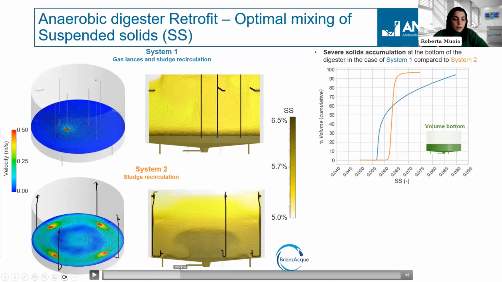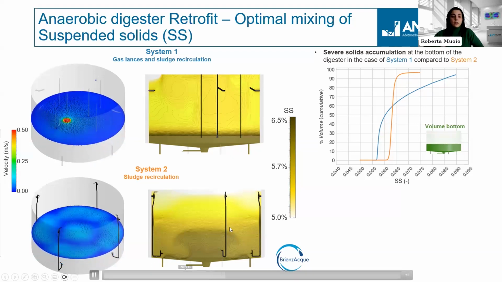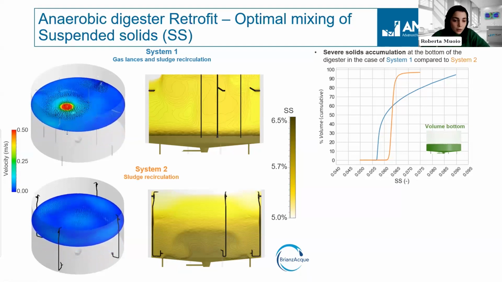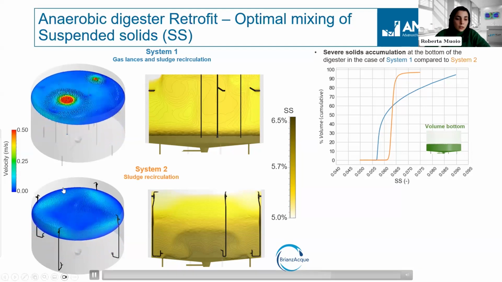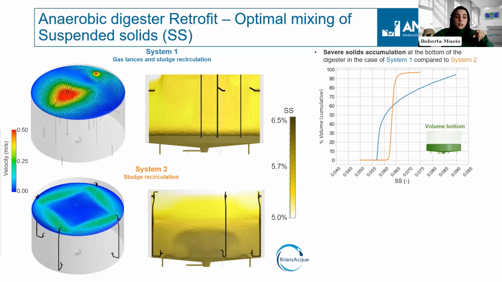And as the plane goes higher, we can see that the velocities decrease in system 2, and again go up in the top part, where the sludge is being recycled also from the top. While in system 1 we can see that there is a bit more turbulence at the top due to the presence of these gas lances, which recycle the biogas, leading to more turbulence, but only in the top region.